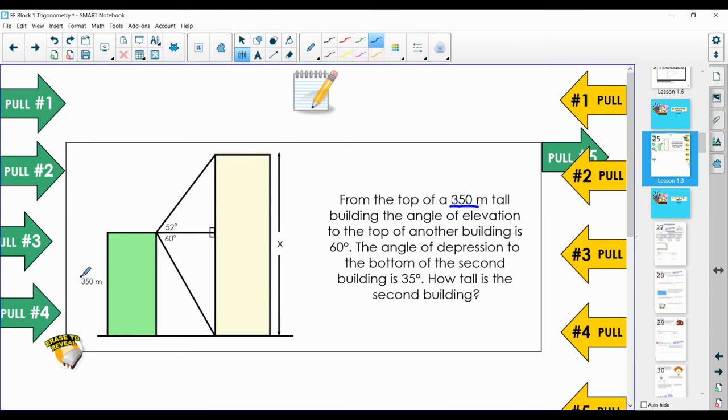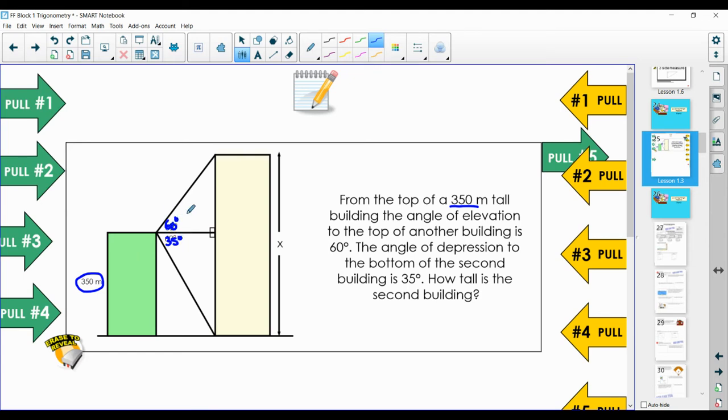So that's our 350-meter tall building right there. And the angle of elevation to the top of another building is 60 degrees. So I actually have these reversed, so I need to fix those. 60 degrees, the angle of elevation, and the angle of depression to the other building is 35 degrees. So I had my angles mixed up, so I fixed that here.